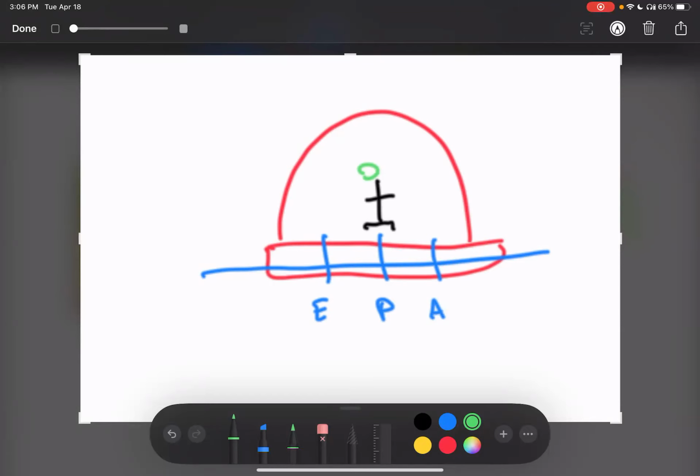So first, a new tRNA will come in and it will sit in the A site. And I remember that it first sits on the A site because A is the first letter in the alphabet. So a new tRNA will start with the first letter in the alphabet.